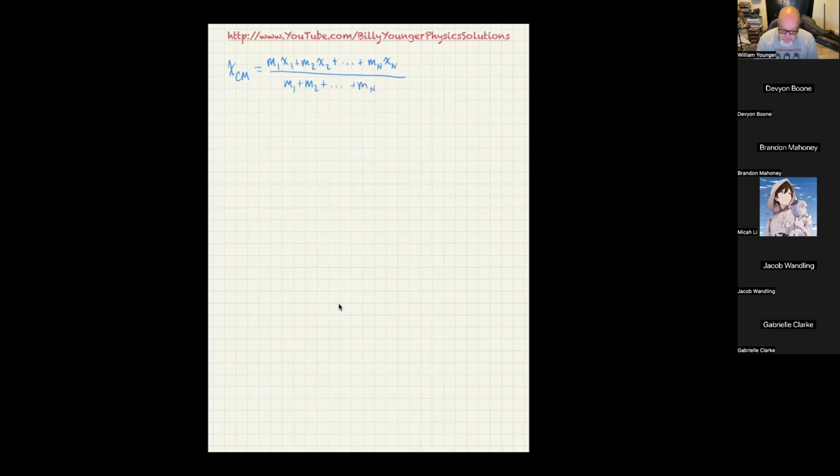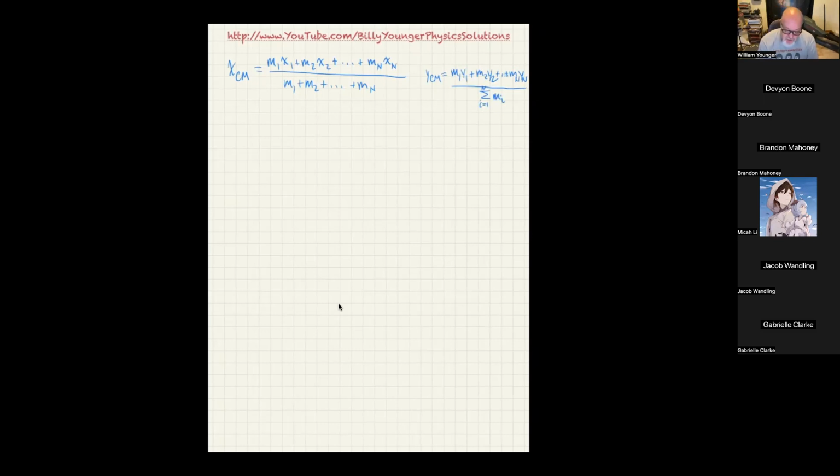So that's the formula. And of course, there's going to be a similar formula. Y center of mass is equal to M1 Y1 plus M2 Y2 plus dot, dot, dot M sub n Y sub n over, and this time I'll just say the summation from i equals 1 to n of M sub i. Okay, and then there's a similar one for X.